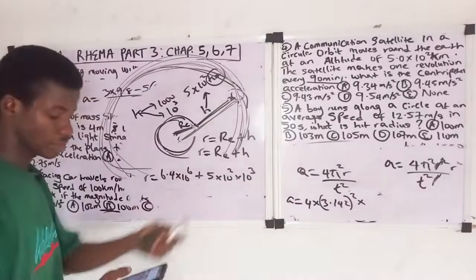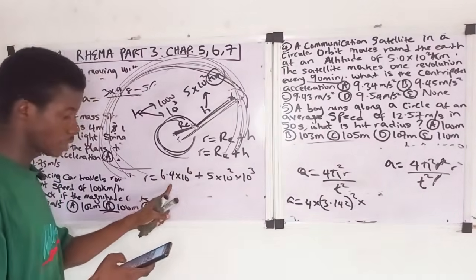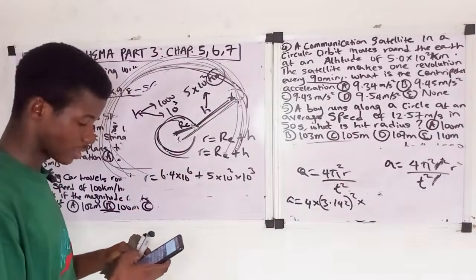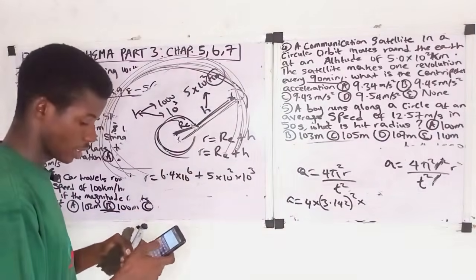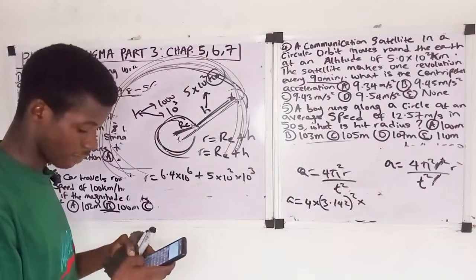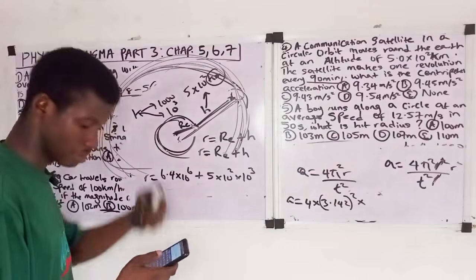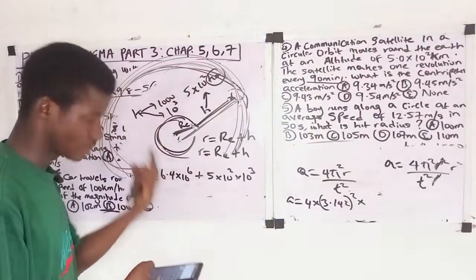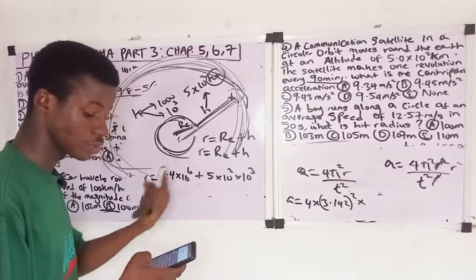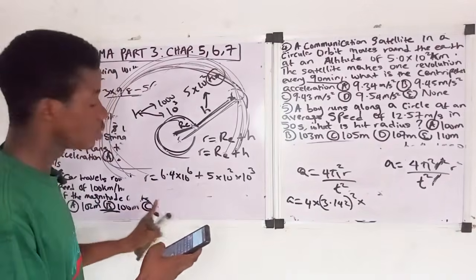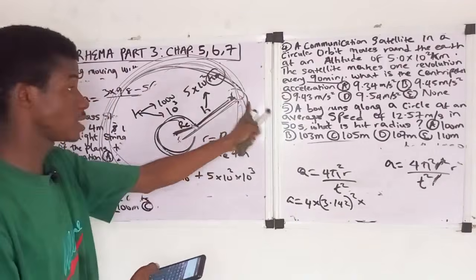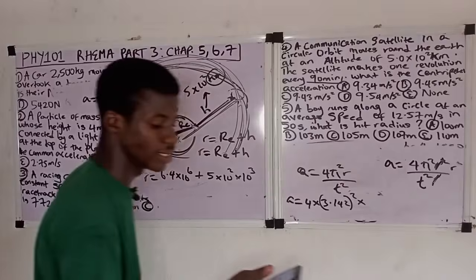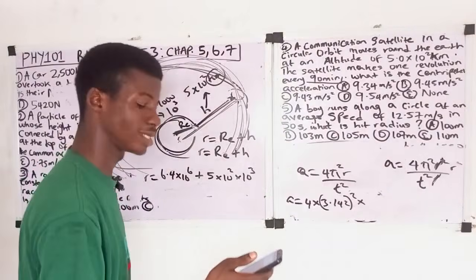So r will be 6.4 times 10 raised to the power 6, plus 5 times 10 raised to the power 2, then times 10 raised to the power 3. So the total distance from the center of the earth to the satellite is 6,900,000.